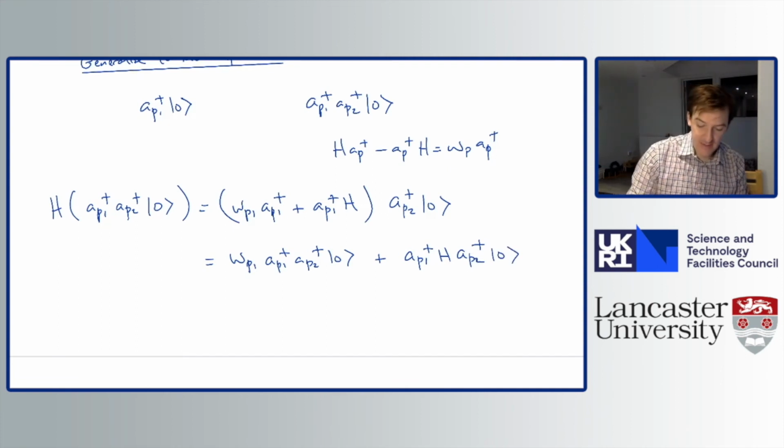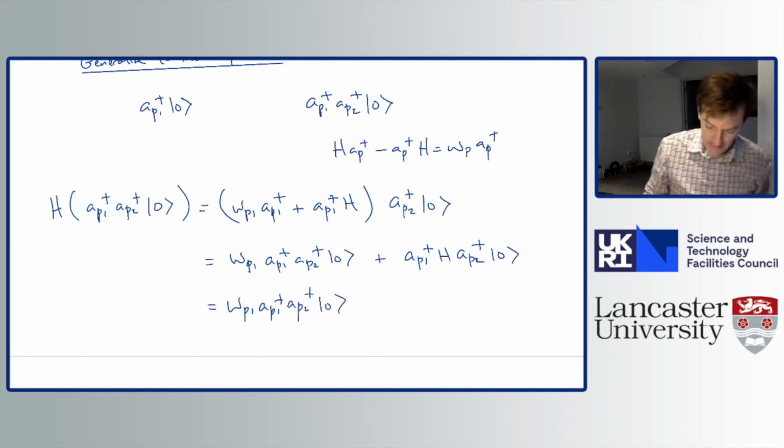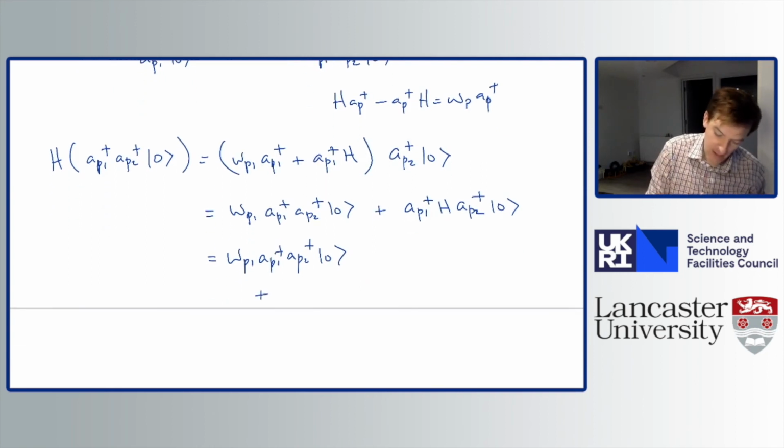So next we simply use the H a_p2 dagger commutation relation. Let's keep this first term as it is, and do it on the line below. We have enough space, so plus. Now I'm going to keep a_p1 dagger on the left and use this commutation relation.